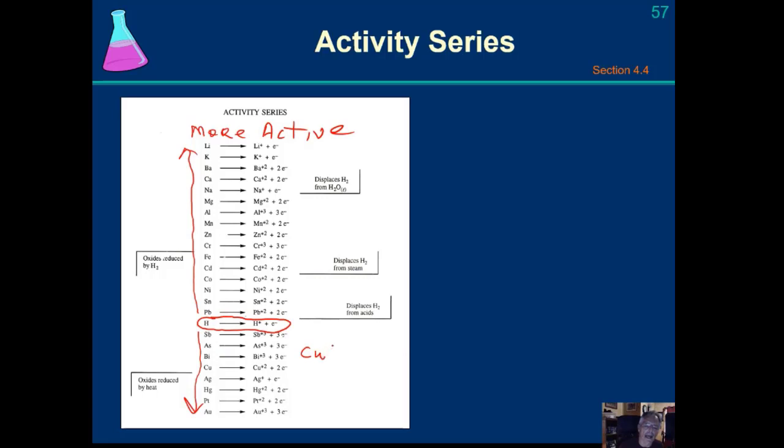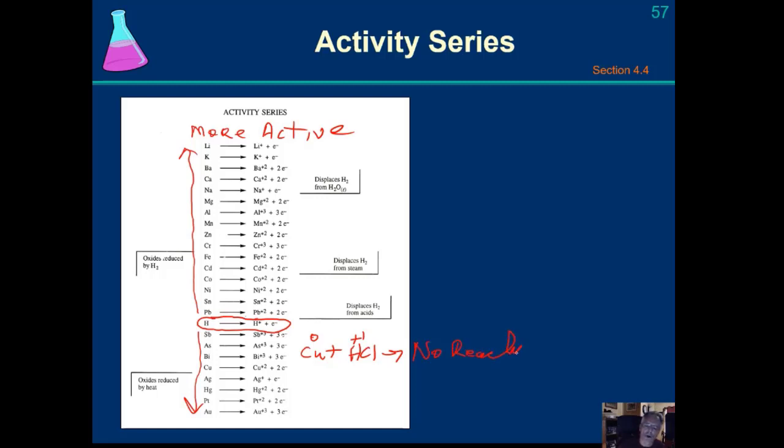and I put it into a solution of HCl, and I ask myself, will this reaction occur? Well, copper is below hydrogen on the activity series. Hydrogen's a +1, copper is a 0. This reaction will not occur.